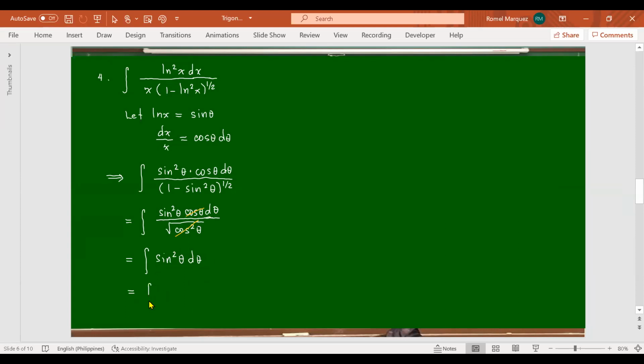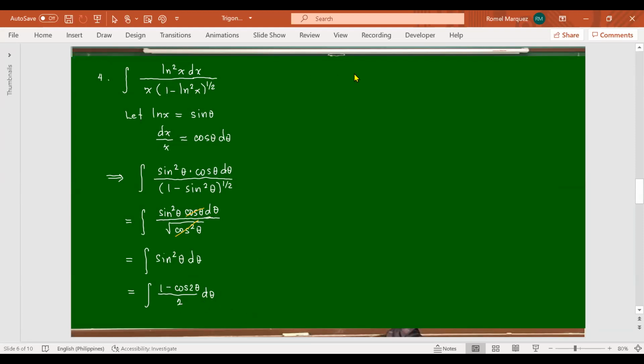So this is equal to the integral of 1 minus cosine double the argument, so 2 theta, all over 2 d theta. Wait a minute. That is 2 theta all over 2 d theta. So 1 minus cosine 2 theta all over 2 d theta. Okay?